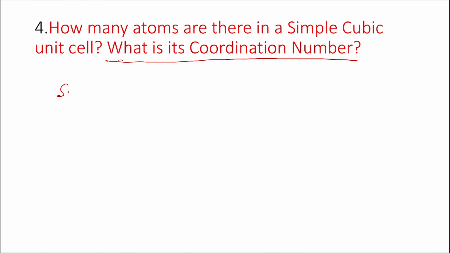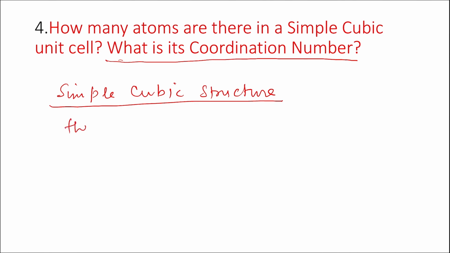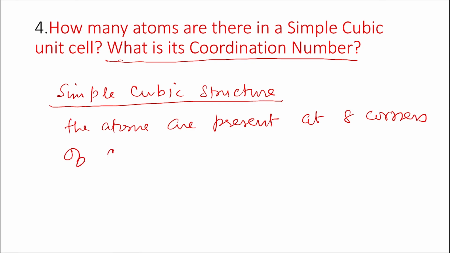See, in simple cubic structure, the atoms are present at 8 corners of the cube. See, a cube has 8 corners, and at each corner there is one atom, and that atom is shared by 8 unit cells.